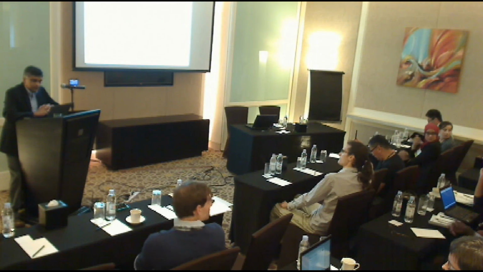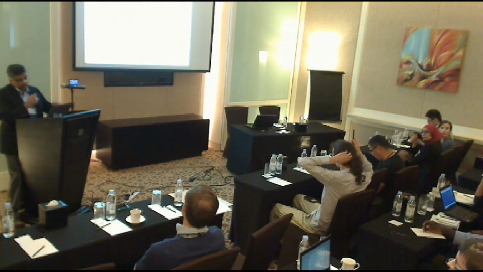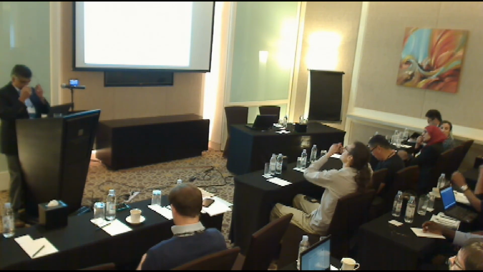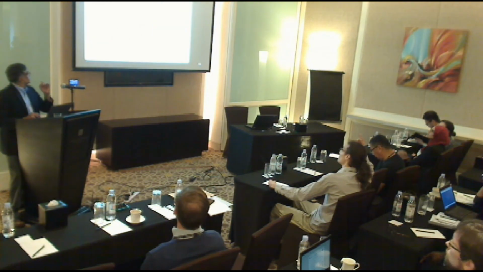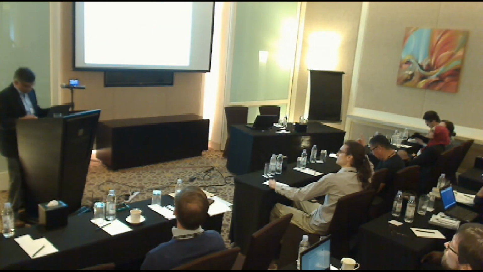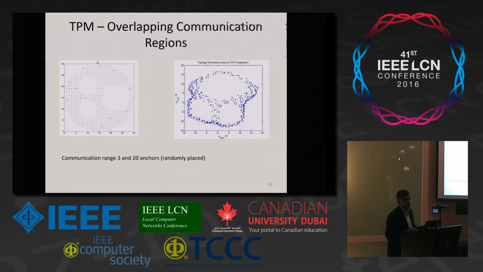Yes. A very connected question is, again, you didn't tell us about the density of the sensors. For example, will it also impact your observation? Yes, actually, I briefly flashed a couple of graphs. Let me see if I can find it. So here, actually, in this graph, we have increased the communication range, right?